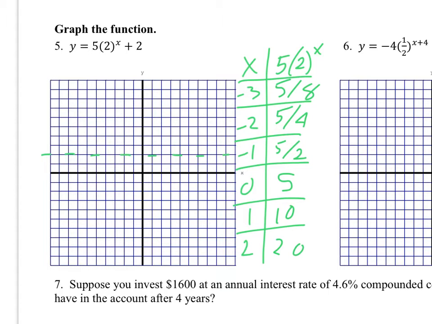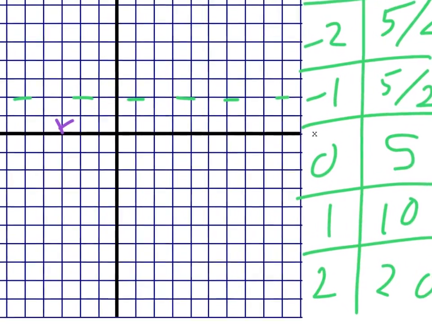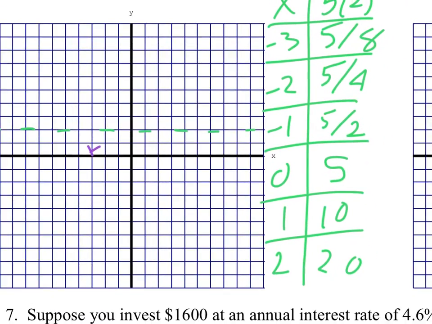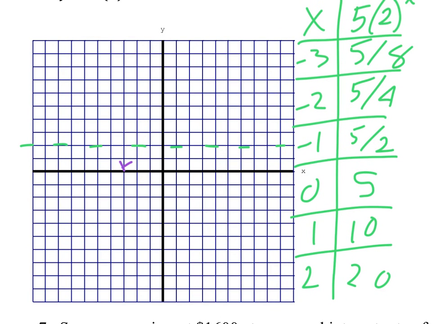Now, those I will X in to my graph here. I think I'll use purple for that. So -3 was 5/8, so a little over half. I think I'll zoom in a bit, get a better shot at that. -2 gave 5/4, so 1 1/4 really.